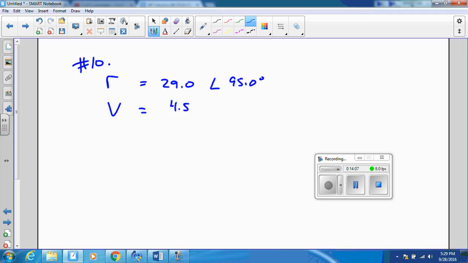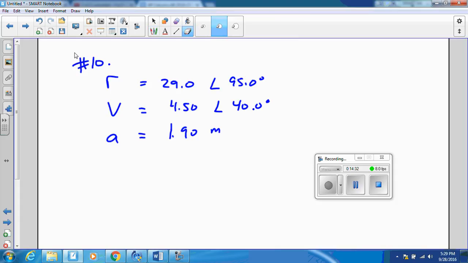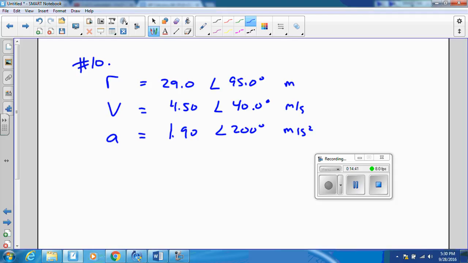And it is moving with a velocity of 4.5 meters per second at an angle of 40 degrees. And it is experiencing a constant acceleration of 1.9 meters per second squared at an angle of 200 degrees. And when we give all these their appropriate units, there we go.